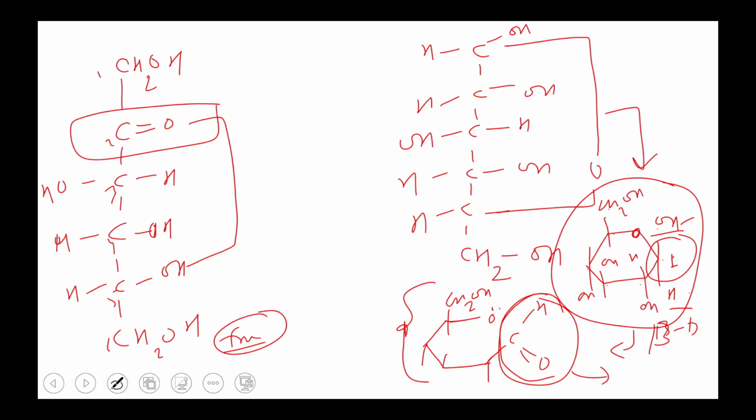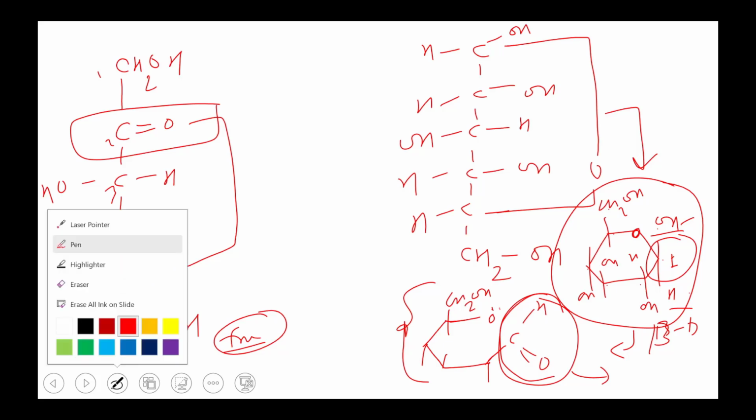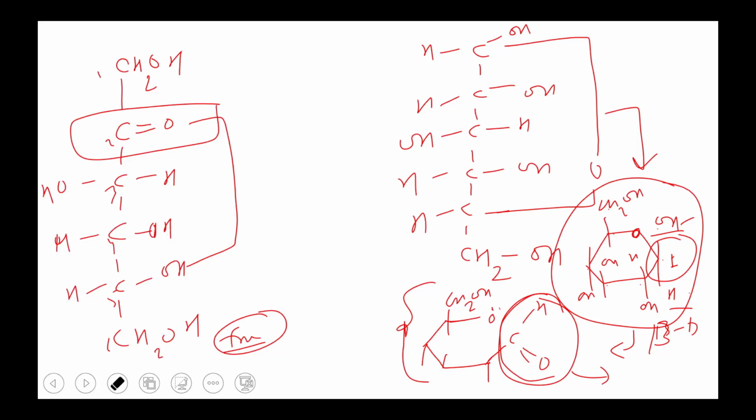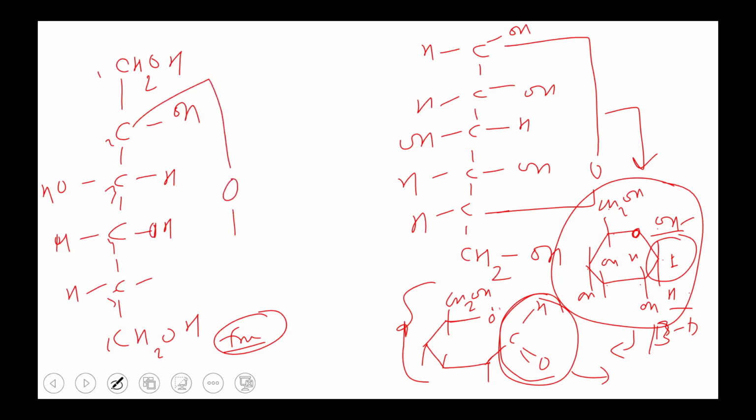And in the fructose structure, what is happening here? In the fructose structure also, it becomes an OH, and this cyclic representation is shown.